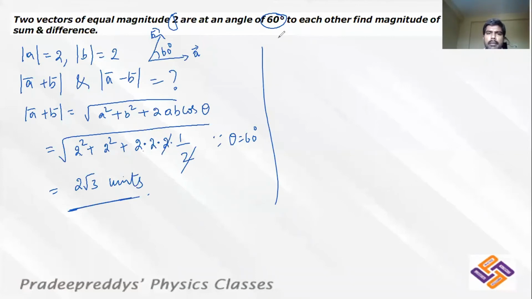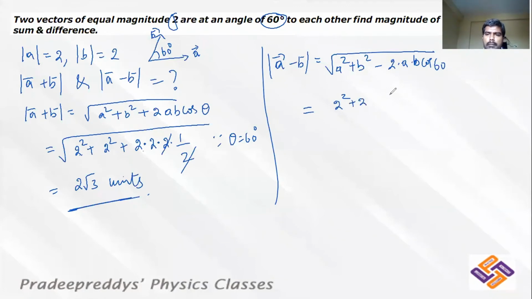Now coming to A minus B magnitude. A bar minus B bar magnitude is equal to under root A square plus B square minus 2AB into cos of the angle between A bar and B bar, that is 60. So it is under root 2 square plus 2 square minus 2 into 2 into 2 into 1 by 2. 2 and 2 get cancelled. 2 into 2, 2 square.